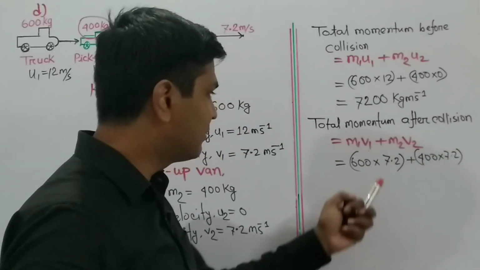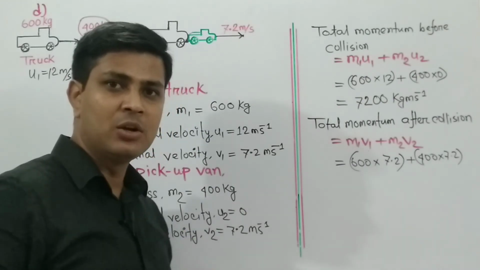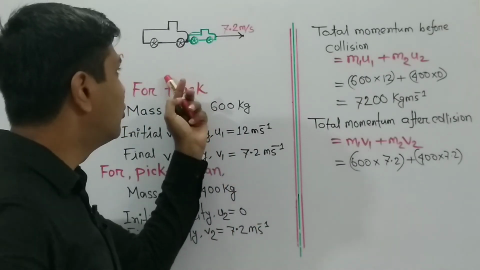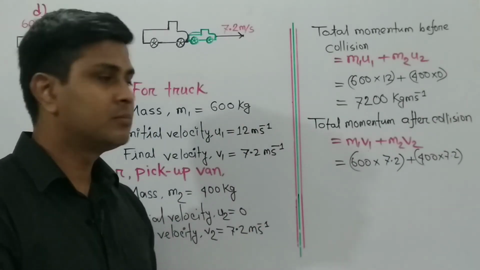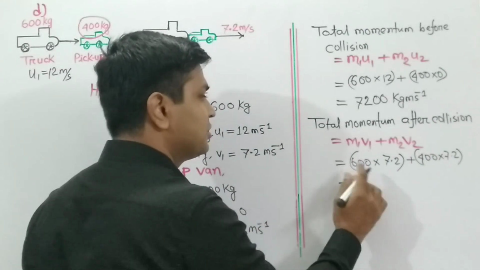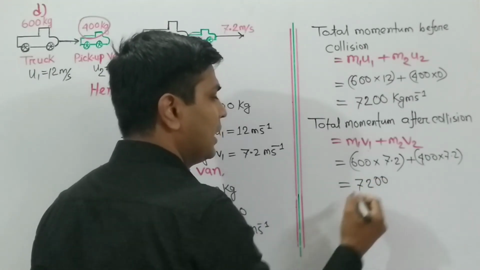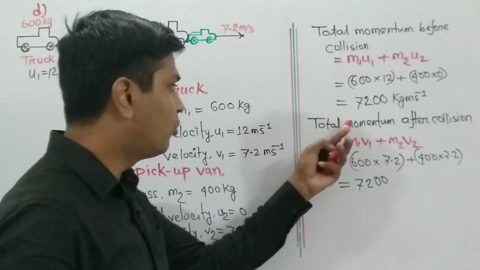You can see here both v1 and v2 are equal because the truck and the pickup van move combined after collision. After calculation, that expression gives the value 7200 and the unit of momentum is kg meter per second.